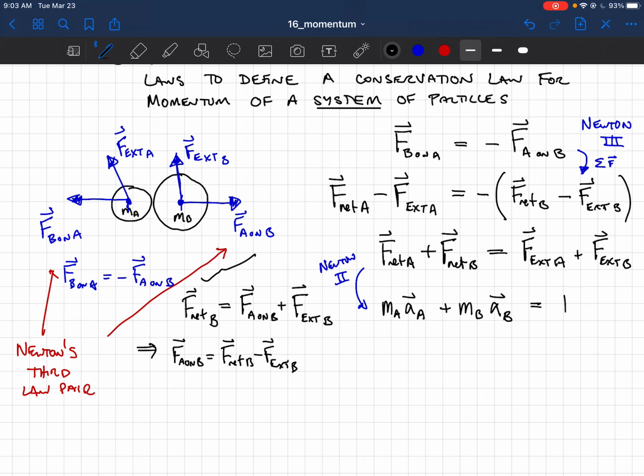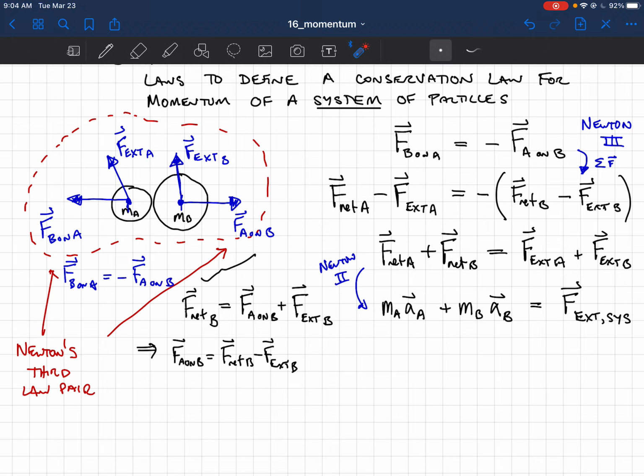And on the right-hand side, I can say that F external A plus F external B is just the external forces on the system of A plus B. So what I'm doing is I'm saying, okay, I'm going to consider a system of objects, which is both of these objects, and I'm going to look at all the external forces on that system, which would include the forces on A and the forces on B. The external forces on the entire system would not include the interaction forces because they are internal to the system. So they're not forces on the system, they're forces inside of the system.